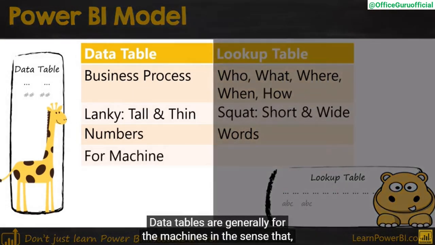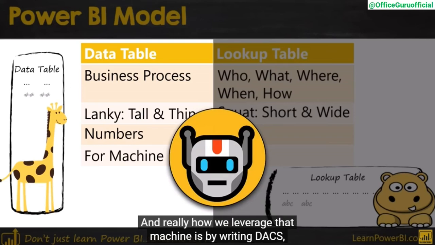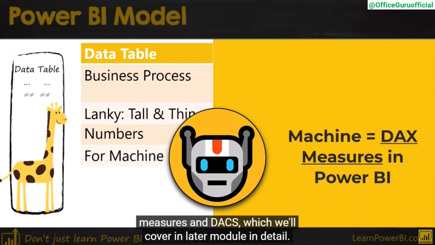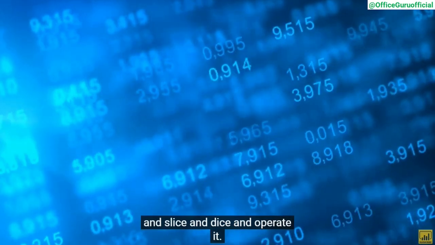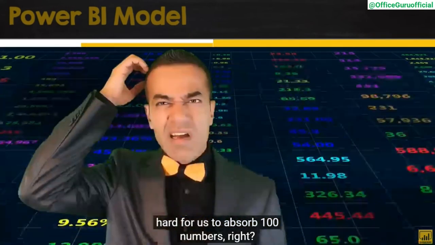Data tables are generally for the machines, in the sense that, of course, in our case, the machine is Power BI, and really how we leverage that machine is by writing DAX measures. And DAX, which we'll cover in a later module in detail, but you've already seen the power and the strength of it, right? How it can take massive amounts of data and just crunch and slice and dice and operate it. And if you contrast that with what humans can do, it's hard for us to absorb 100 numbers, right?